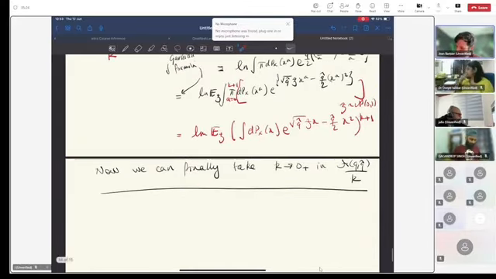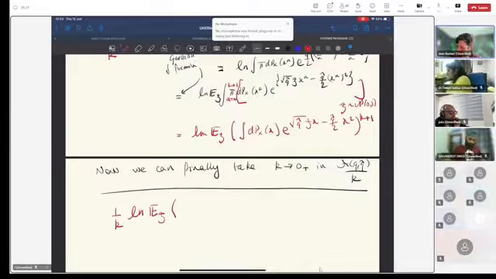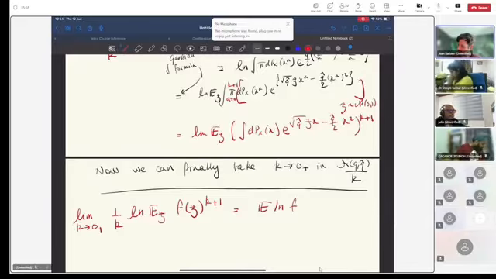And now I claim that if you have an expression like 1 over k log of an expectation, let's say with respect to z, of a function of z to the power k plus 1, the limit of this when k goes to 0 now makes sense. And this is equal to expectation of log of this function. So you see, we use again the replica trick the other way around.